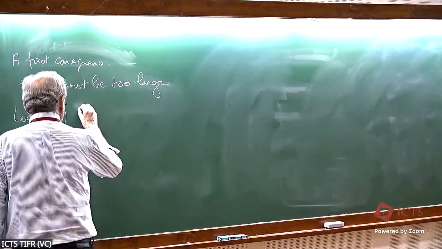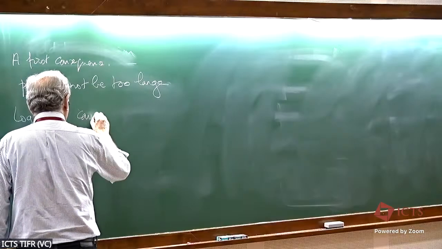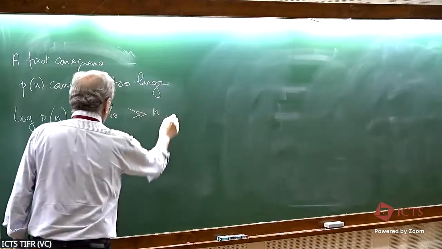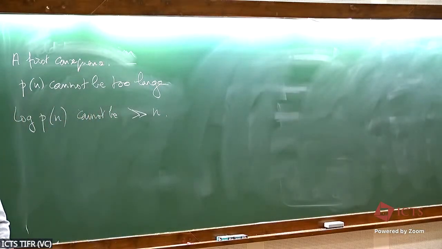Log of Pn cannot be larger than a constant times n, because if it is of exponential type, then the radius of convergence will be smaller than 1. So already from the fact that this converges, you have some information about P of n. P of n cannot be too large.